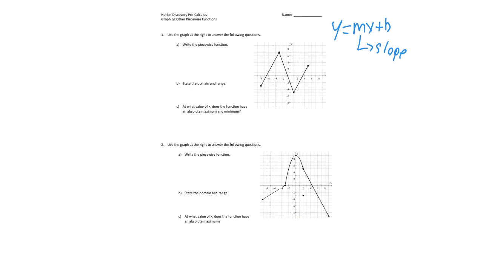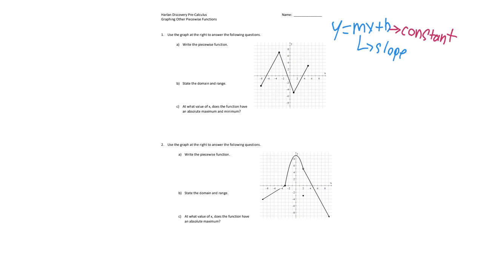And the b, you might have heard called the y-intercept, but we're going to call it here the constant, simply because our lines might not always intersect with the y-axis. So we're going to use this idea of y equals mx plus b to solve for and write out our equations.